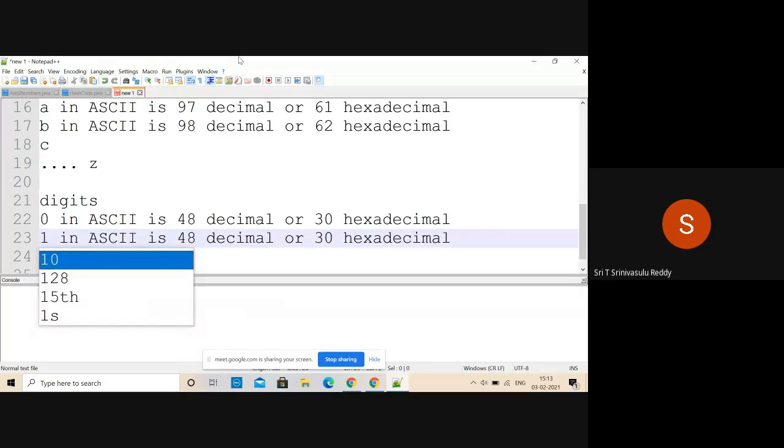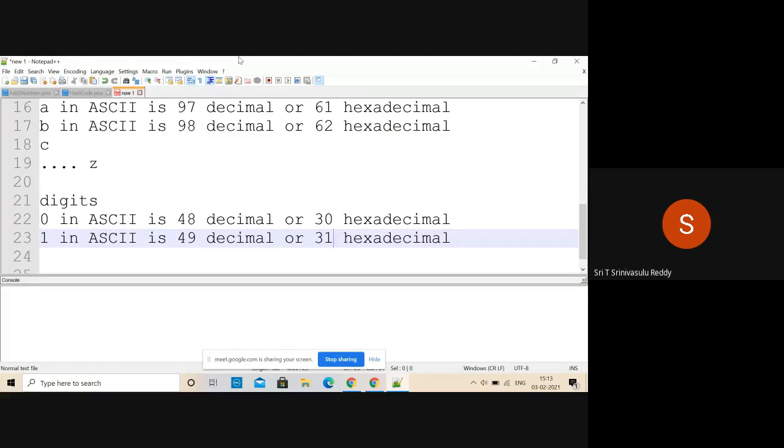Digit 1 is represented in ASCII as the next decimal value. 48 means 49. And here, instead of 30 hexadecimal, it's going to be 31 hexadecimal. And so on.